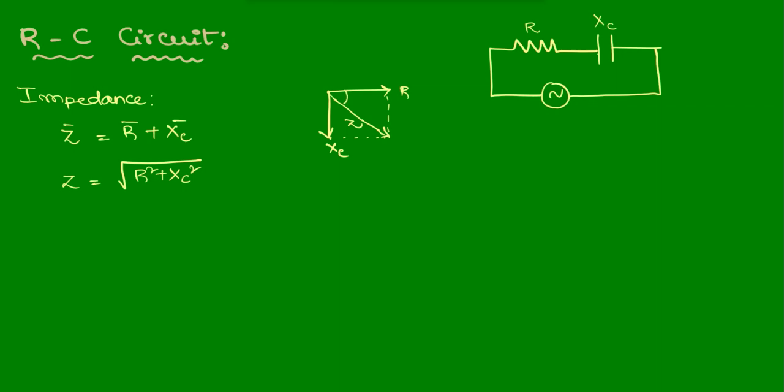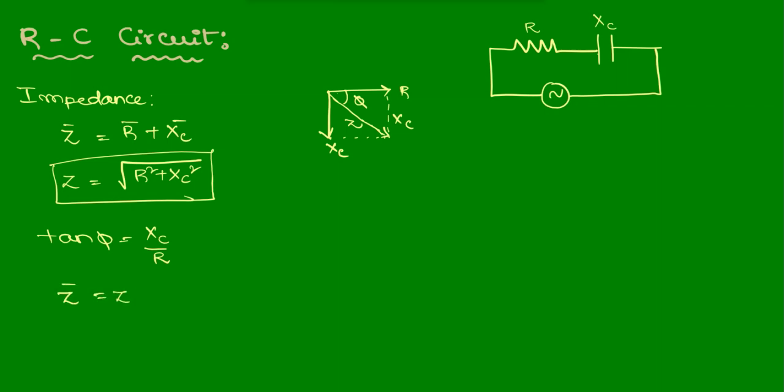And if this resultant is making an angle phi, that angle you can find by using the tan function. Tan phi will be equal to, if this is Xc, this will also be Xc, so tan phi will be equal to Xc by R. As it is below the resistor axis, Z bar we can represent like this: Z of minus phi.